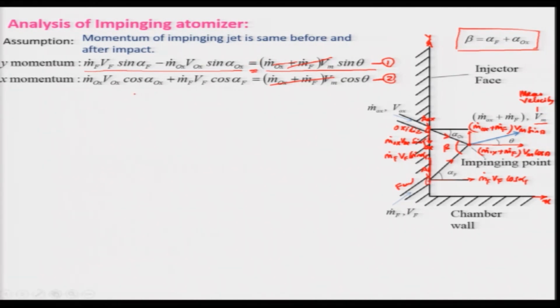Then you will get an expression that tan theta is equal to m dot f v f sin alpha f minus m dot Ox v Ox sin alpha Ox, divided by m dot f v f cos alpha f plus m dot Ox v Ox cos alpha Ox.